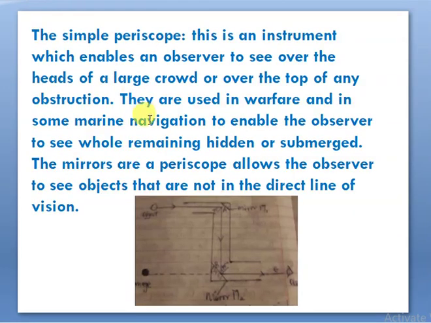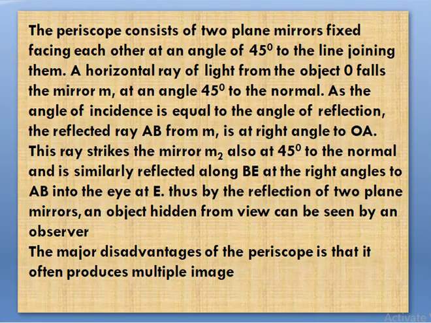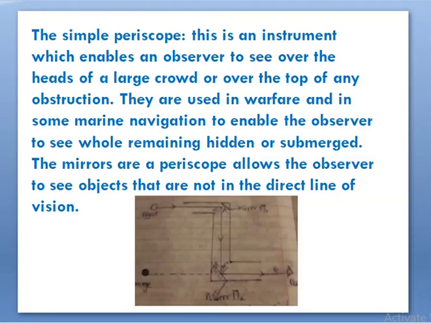Now let's look at the simple periscope. We can use plane mirrors in making our simple periscope. The simple periscope is an instrument that enables an observer to see over the head of a large crowd or over the top of any obstruction.